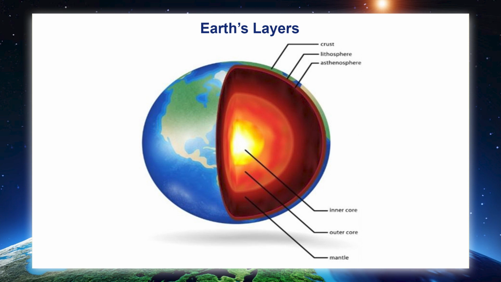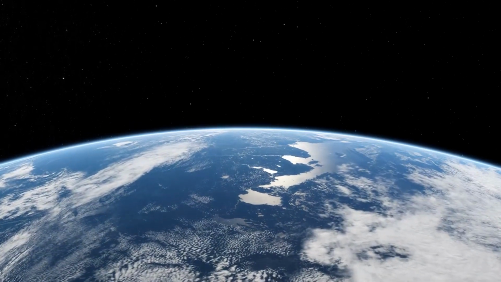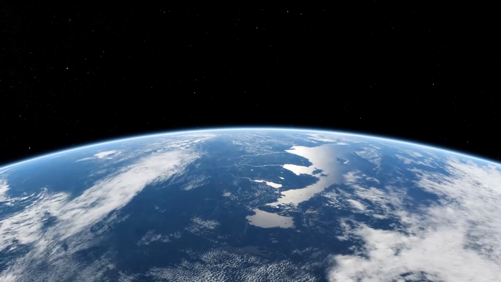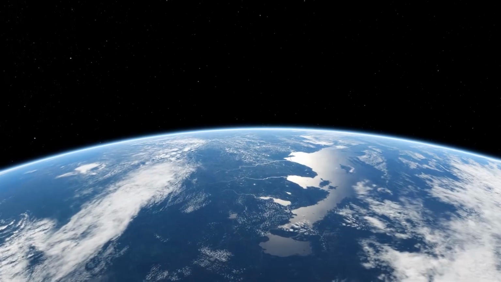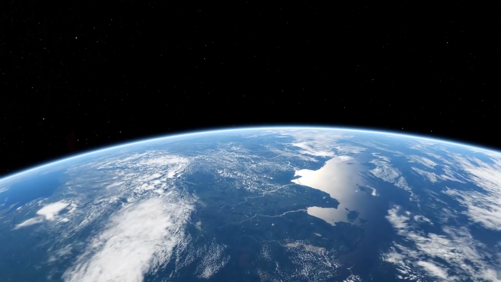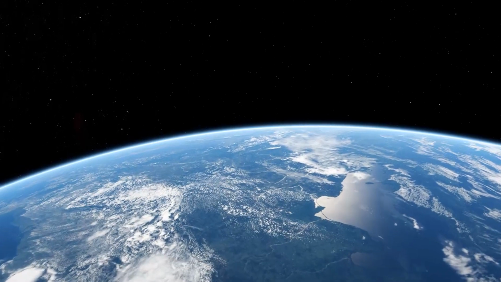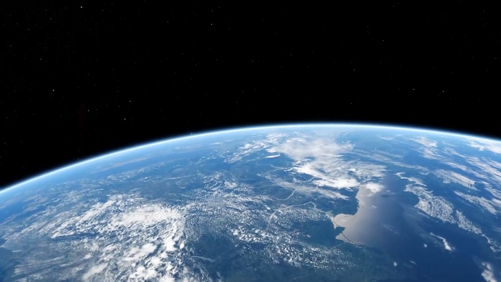The reddish part is the mantle of the earth, and the topmost bluish part, a very thin layer, is called the crust, which is really tough and extends up to 15 kilometers, 18 kilometers maximum, whereas the earth radius is more than 4000 kilometers. The crust is only the topmost layer of 18 to 20 kilometers, not more than that.